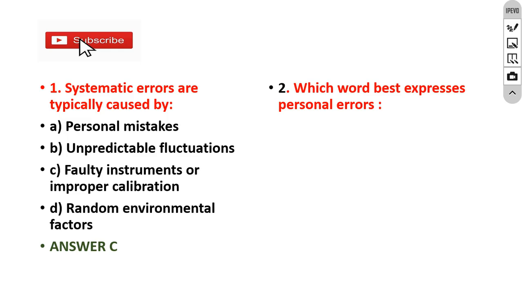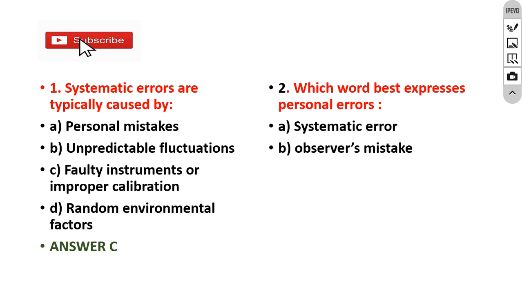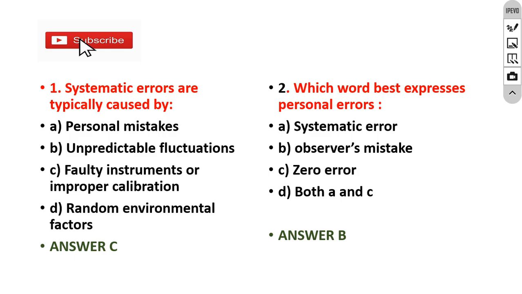Number 2. Which word best expresses personal error? A. Systematic error, B. Observer's mistake, C. Zero error, D. Both A and B. The correct option to this question is option B, the observer's mistake.